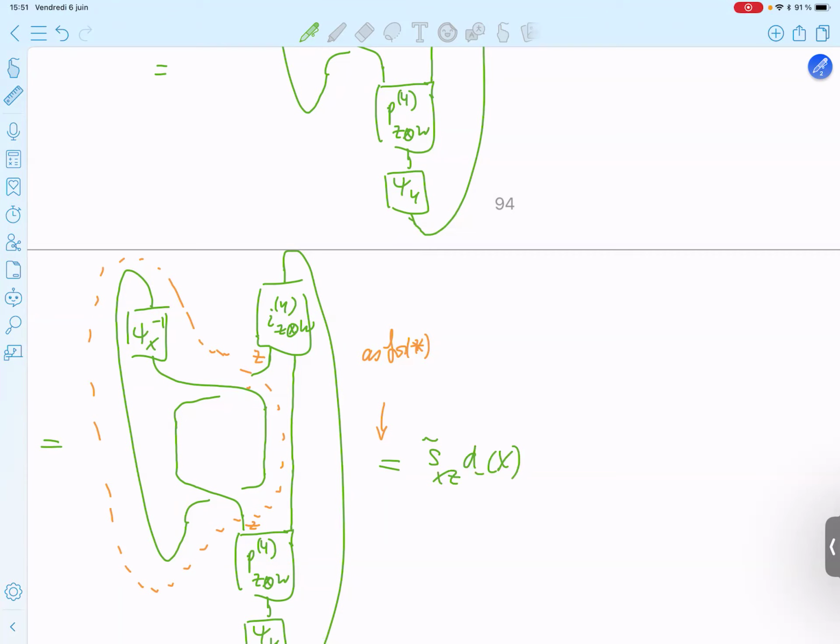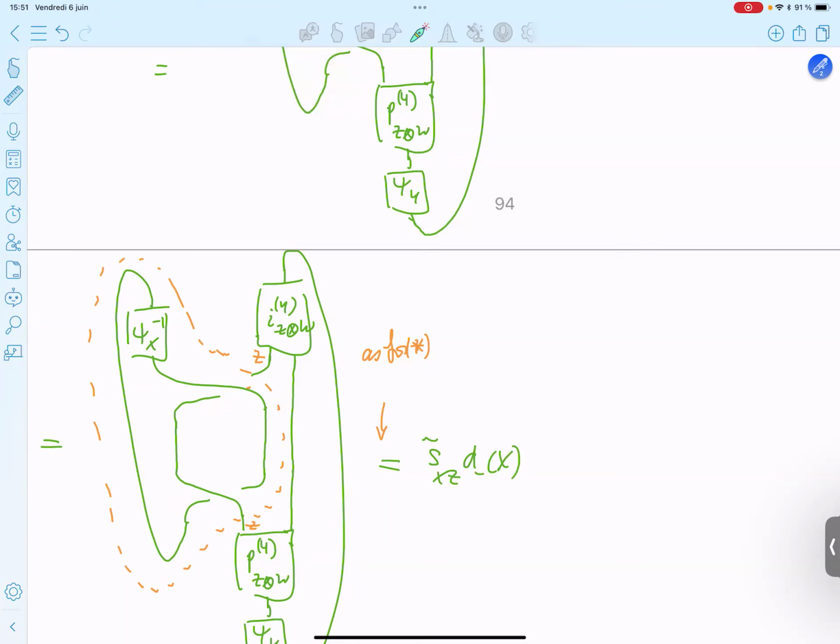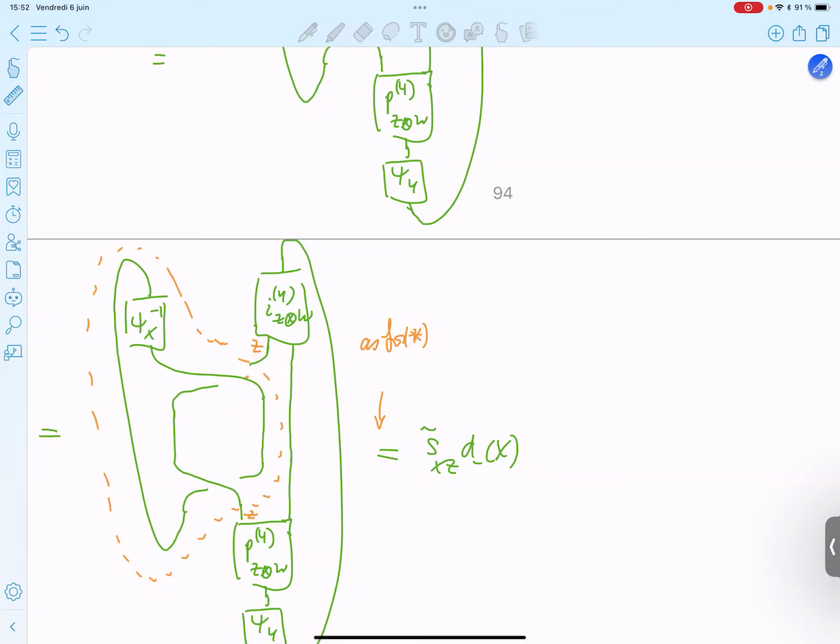Okay, and then you replace, and you have the identity here. So it is as follows: identity of Z tensor W. Imagine doing that algebraically. It would be really a mess, unreadable.